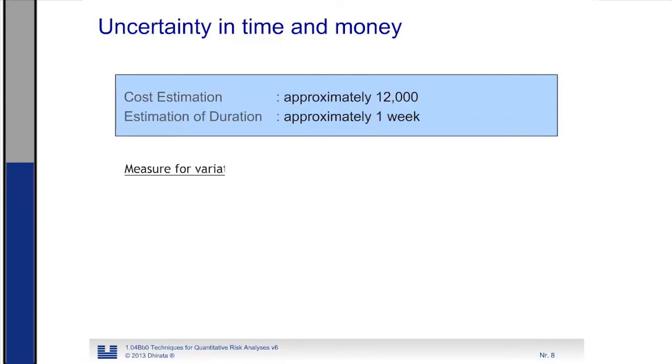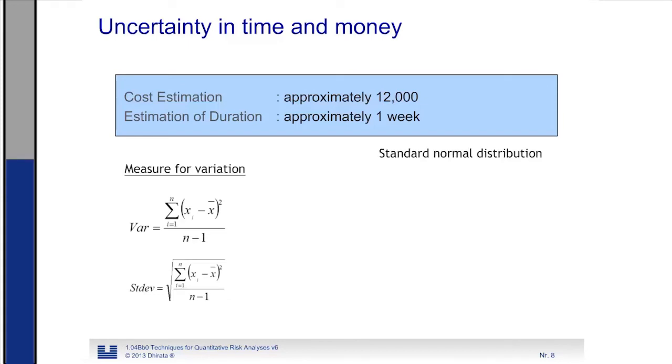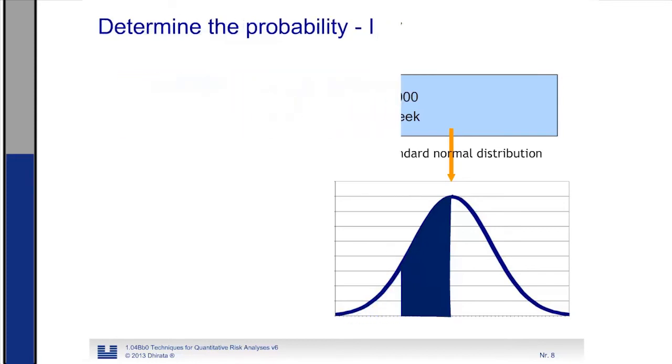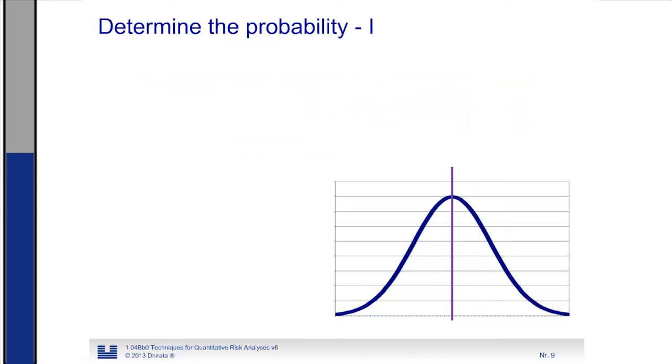Here we've got again the mathematical formulas for those that are interested. These help us to determine how thick or how small this normal distribution is. In the previous slide, I gave you some percentages of probability that you are within a specific range of the standard deviations of the average.